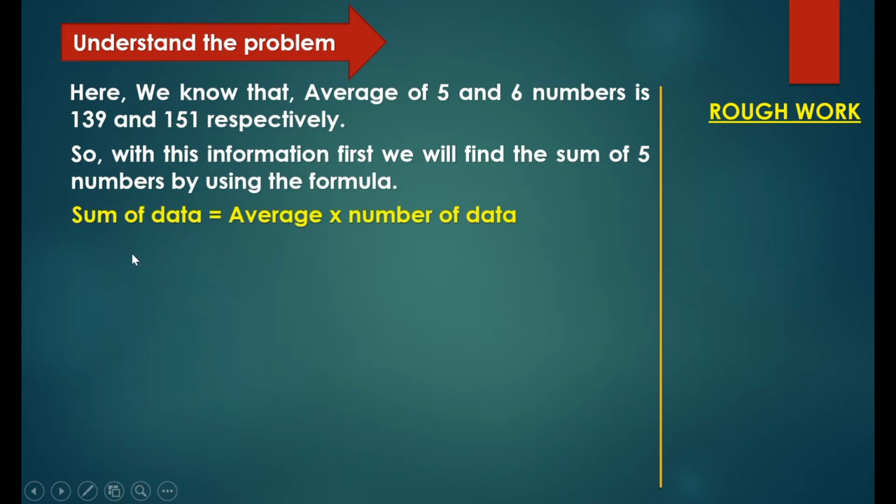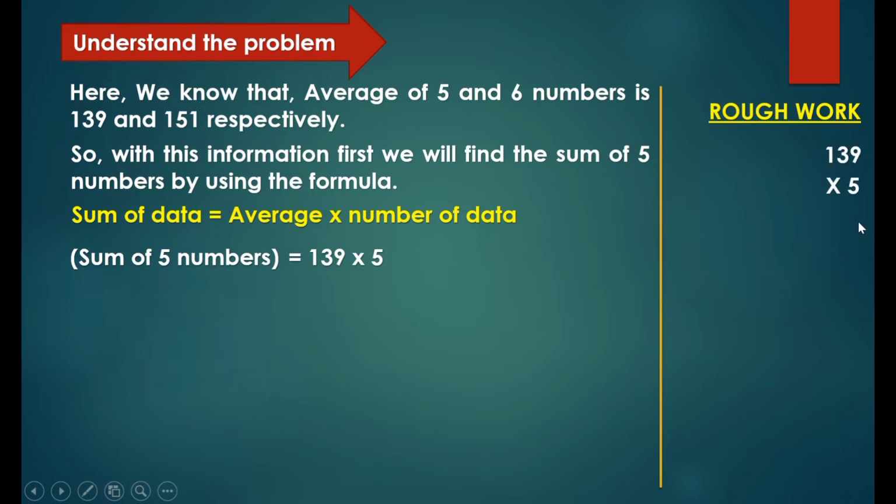The formula is sum of data is equal to average into number of data. With the help of this formula, you can find the sum of data, that is sum of 5 numbers first. So equal to 139 into 5. Why? Because the average of 5 numbers is 139, which is given. So you need to multiply by 5 because you're finding the sum of 5 numbers.